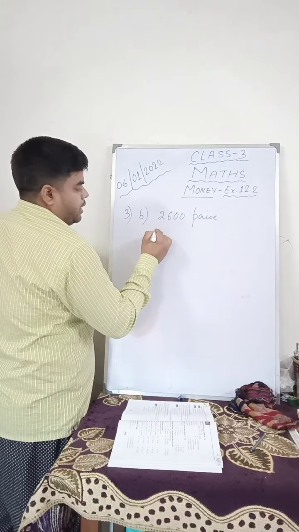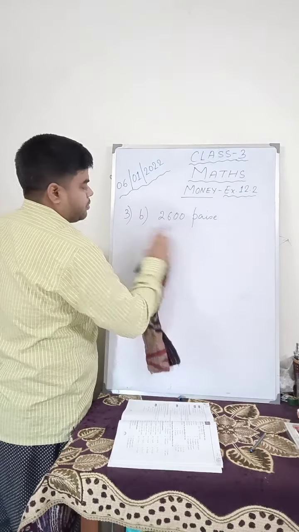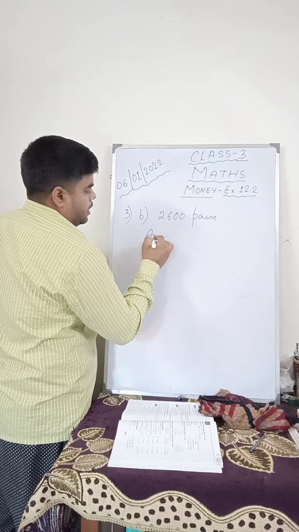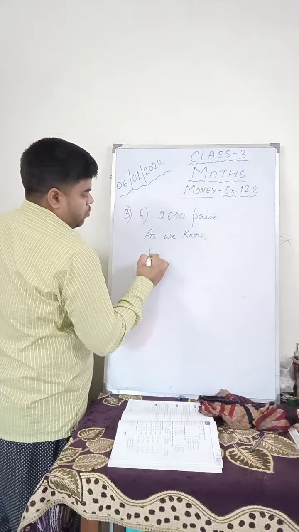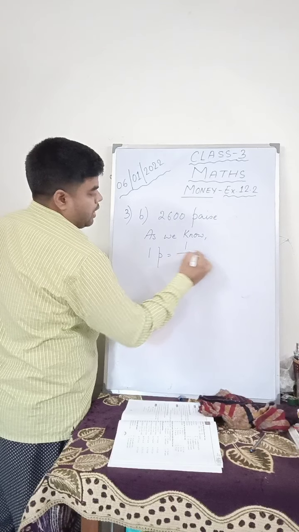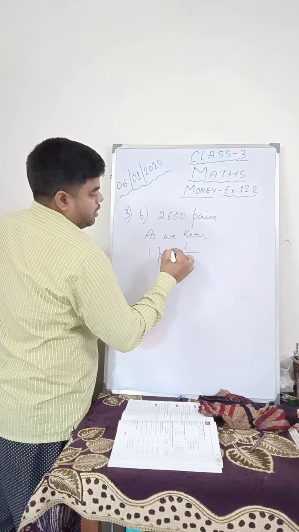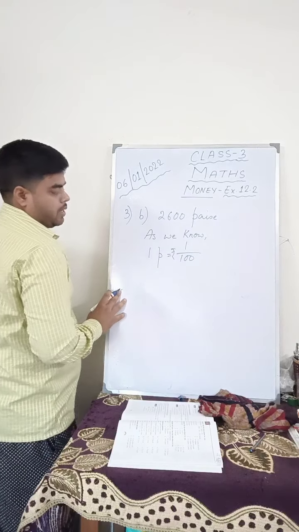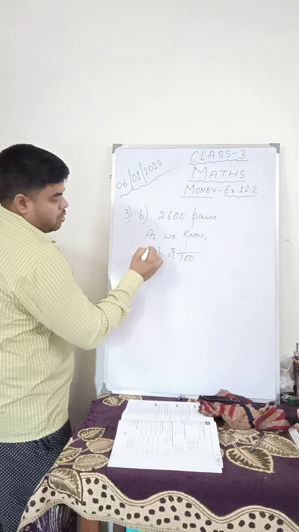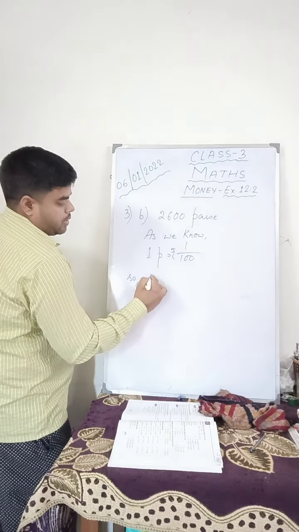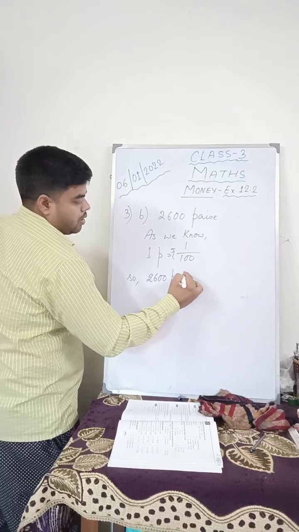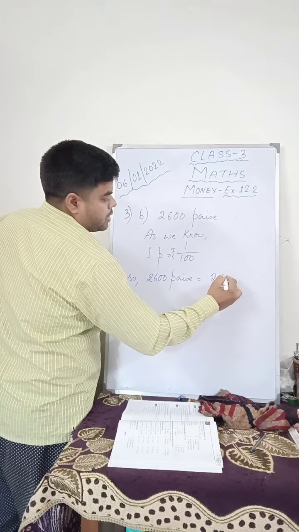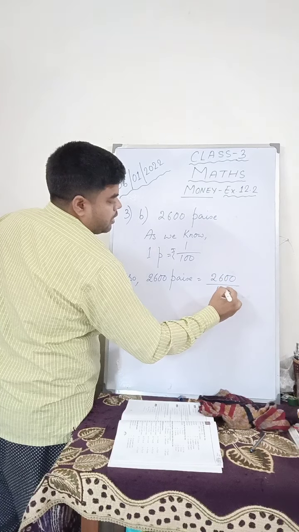So you will write, as we know, 1 paisa is equal to 1 by 100 rupees. So 2600 paisa is equal to 2600 divided by 100.